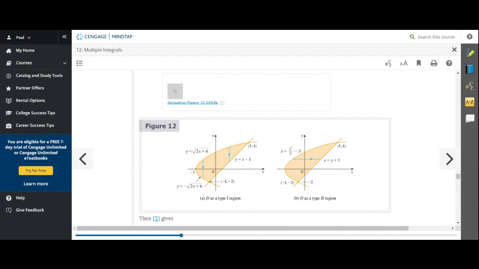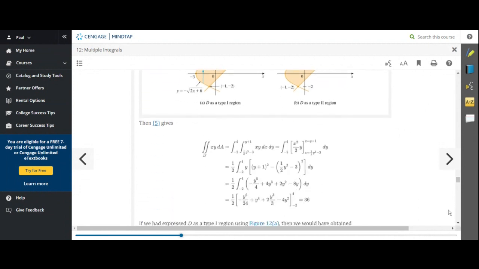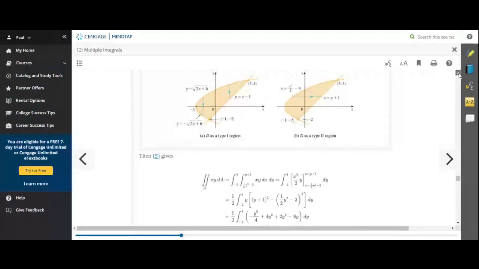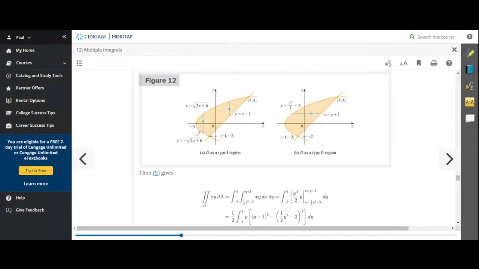Then the line on the right, y equals x minus 1, can be written as x equals y plus 1. So if you treat region D as a type 2 region, you're going to have a much simpler integral. You're only going to need one to compute the double integral.